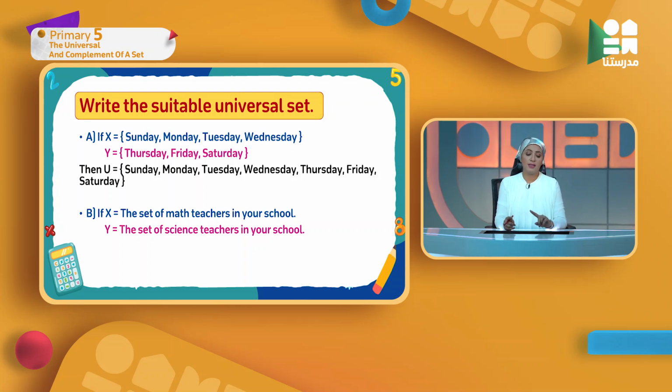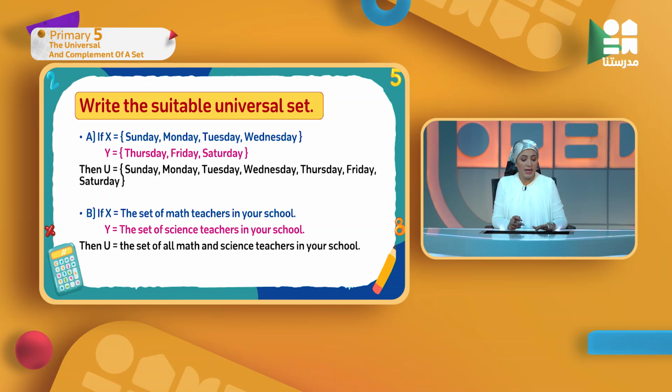So X is the set of math teachers and Y is the set of science teachers, and I want to know the U, or the universal set. As we said, the universal set is the mother set and it has all the other sets as subsets in it. Okay, then U is the set of all math and science teachers in your school. Everything is in it.